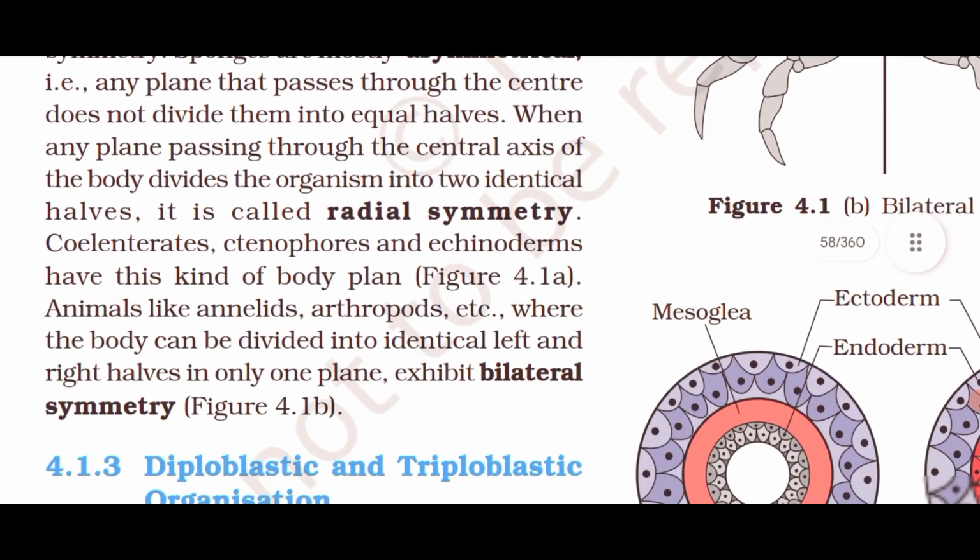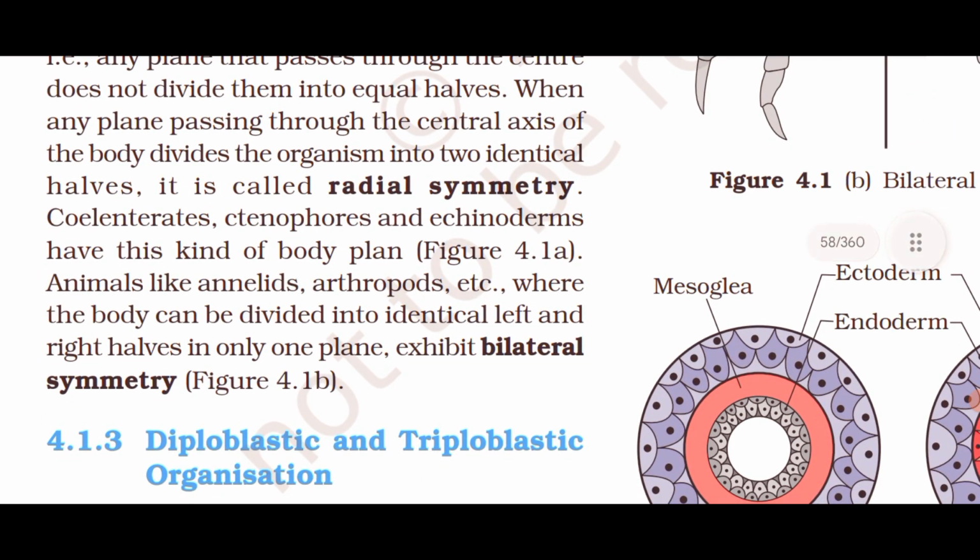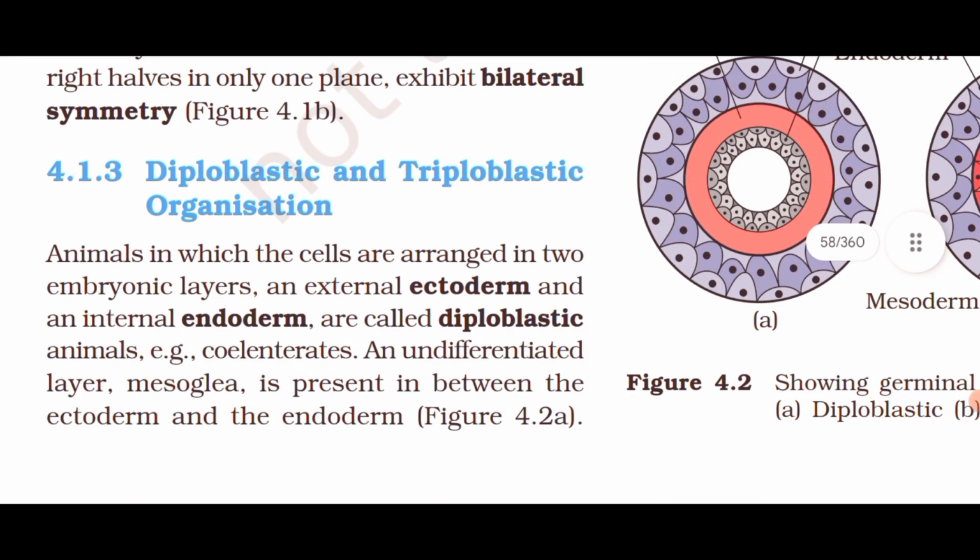Coelenterates, ctenophores, and echinoderms have this kind of body plan. Animals like annelids, arthropods, etc., where the body can be divided into identical left and right halves in only one plane, exhibit bilateral symmetry.